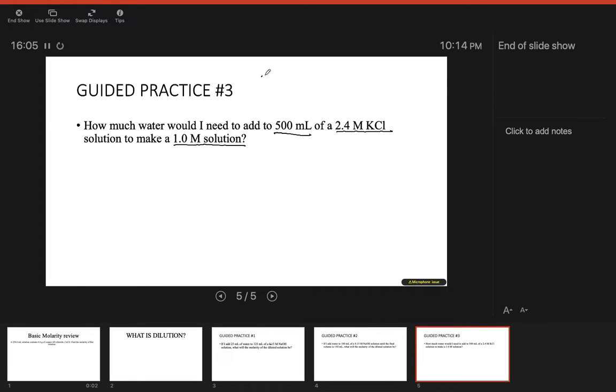Here I have my little tiny beaker, 500 milliliters. That's my volume number 1, which has a concentration of 2.4 molar.